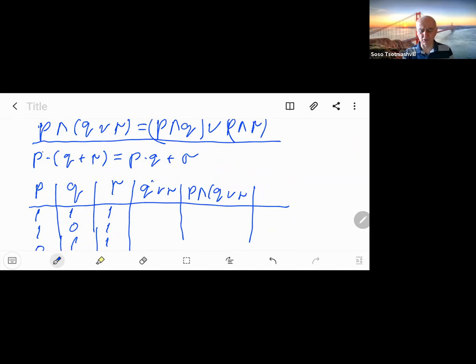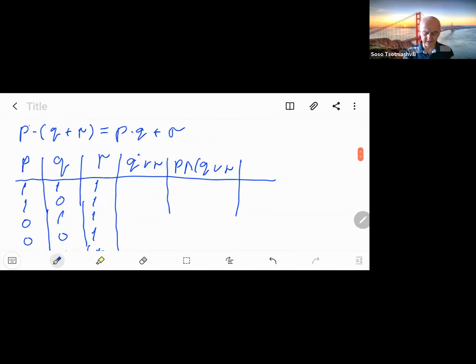And we will compare values of this column with the last column. And they will be the same, and it's proof that we have distributive law.